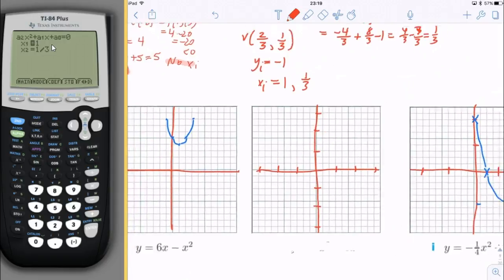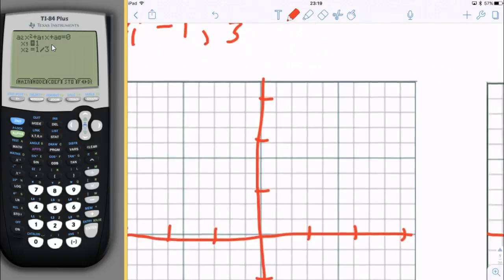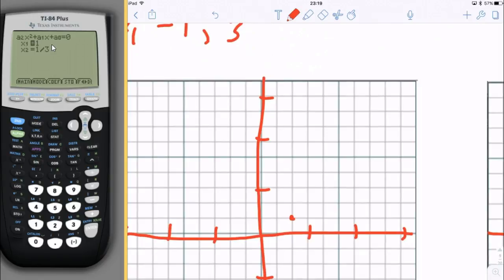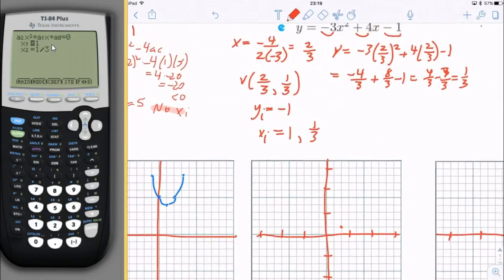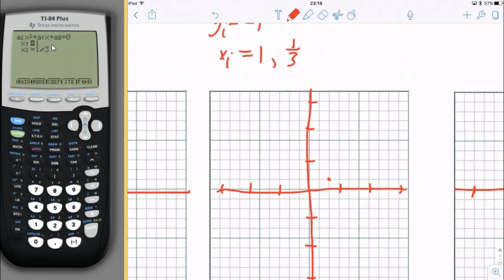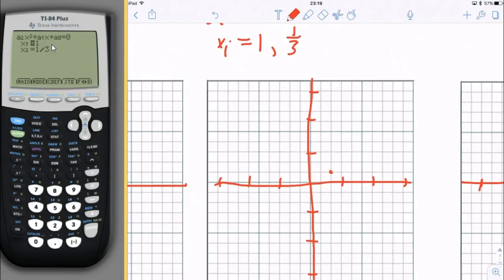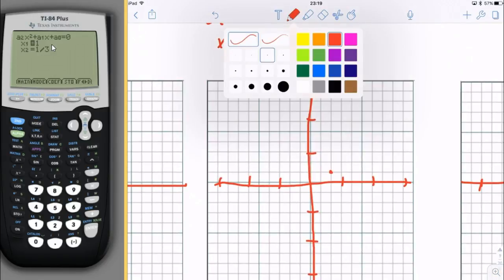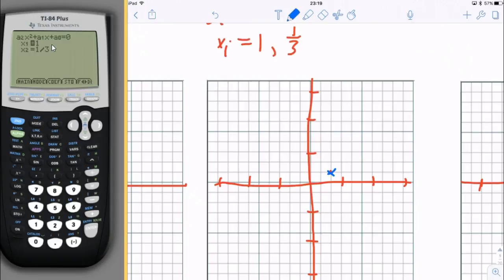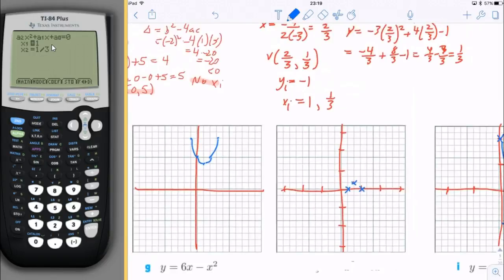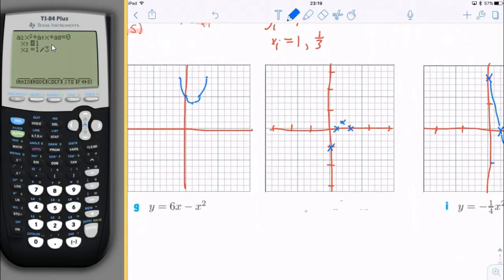Okay. And the vertex is at 2/3, 1/3. So 2/3, 1/3 would be here, right? And then the x-intercepts are going to be 1/3 and 1. And the y-intercept is going to be at -1.